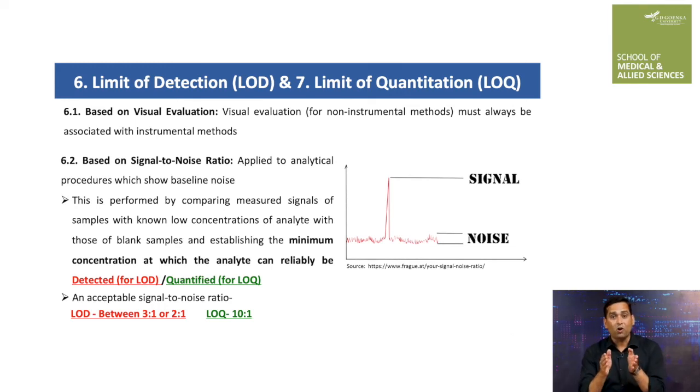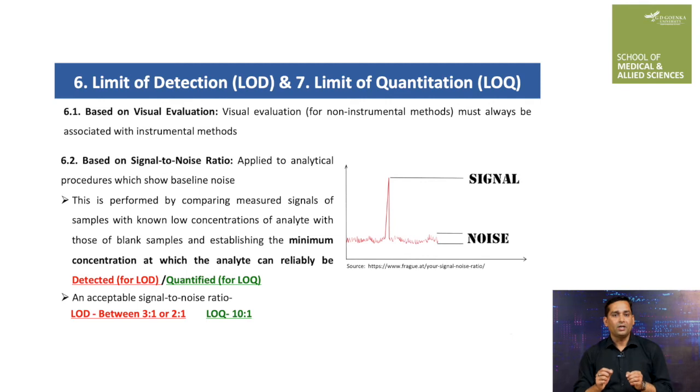The next way of finding LOD and LOQ is based on signal to noise ratio. This is applied to analytical procedures which generally show baseline noise, such as HPLC.